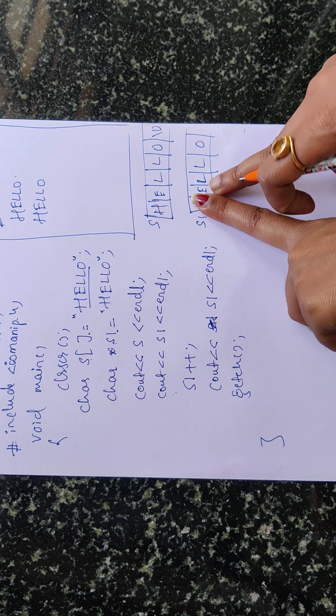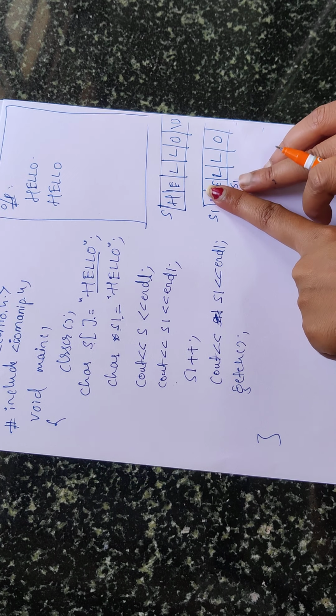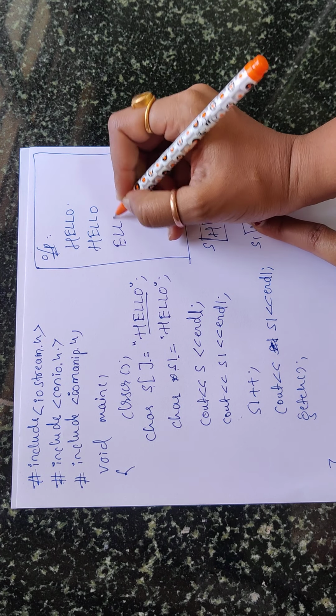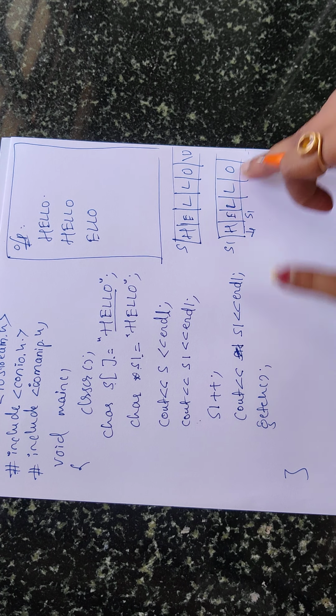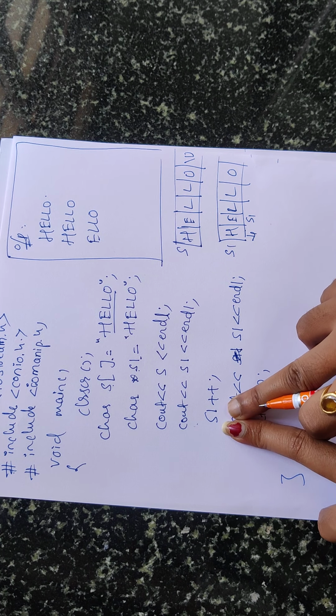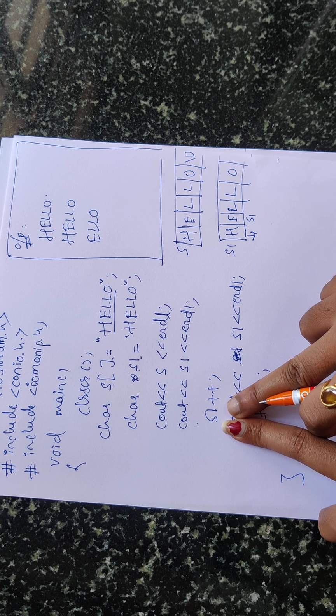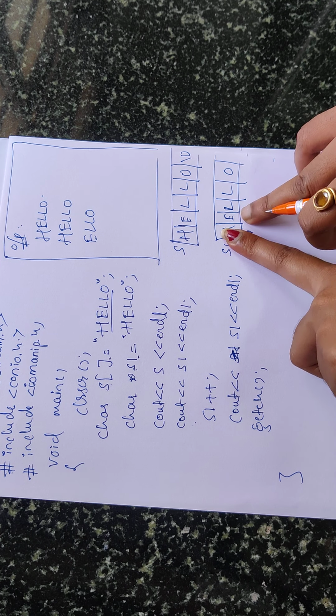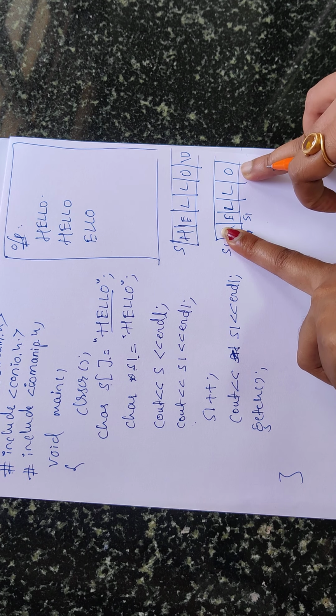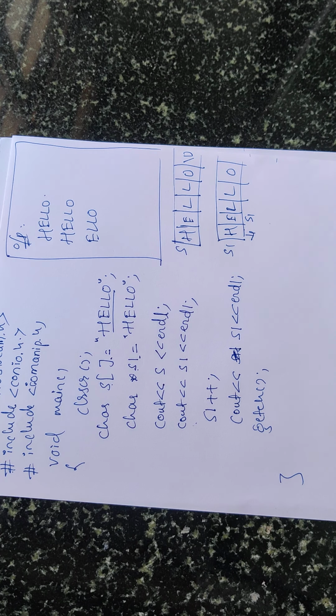Now when I say cout s1, it will not print HELLO, it will print only ELLO, because I have increased the position of s1.